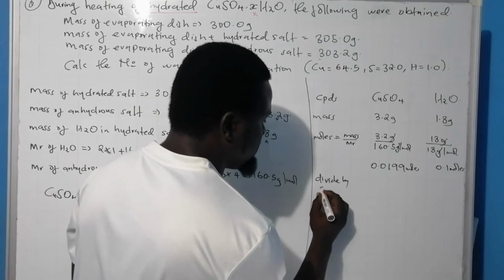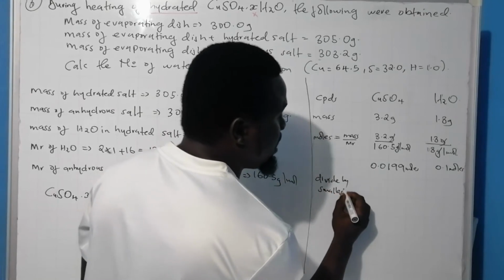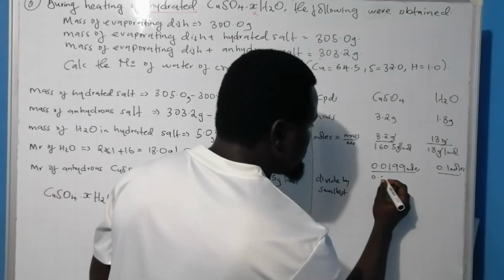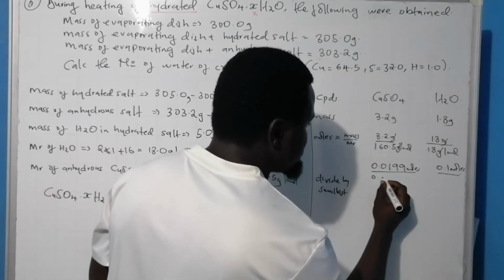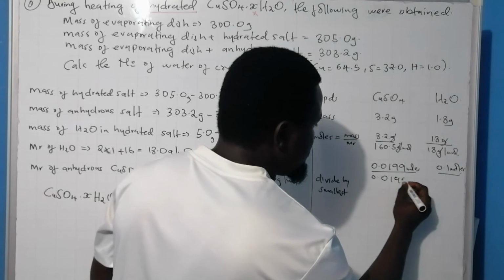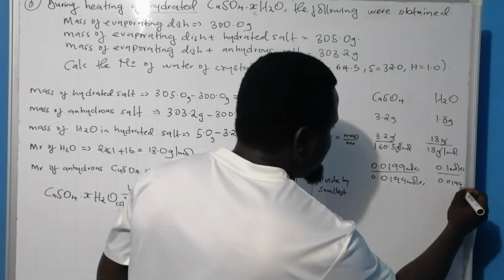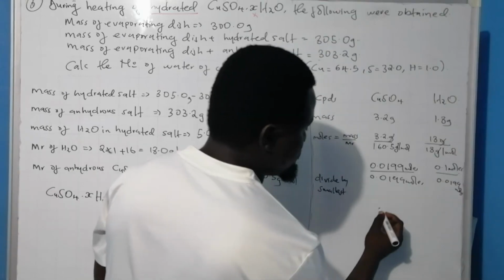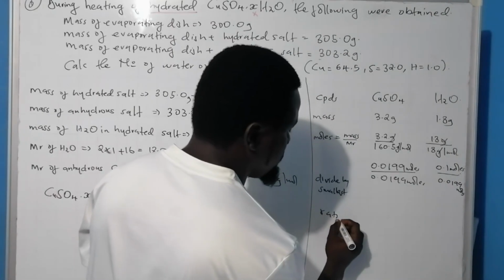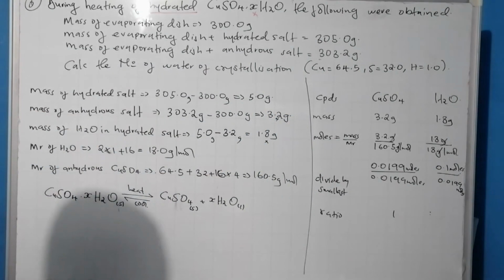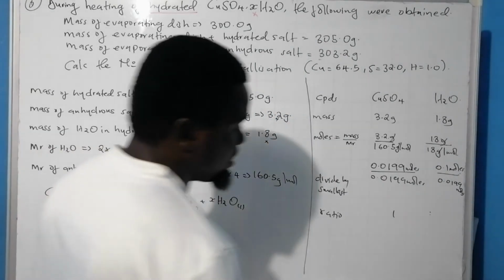So when I divide by smallest, this one is the smallest as compared to this one, so I divide by 0.0199 moles. Therefore the ratio will be equivalent to 1 to, when I divide 0.1 by 0.0199, I will have 5.